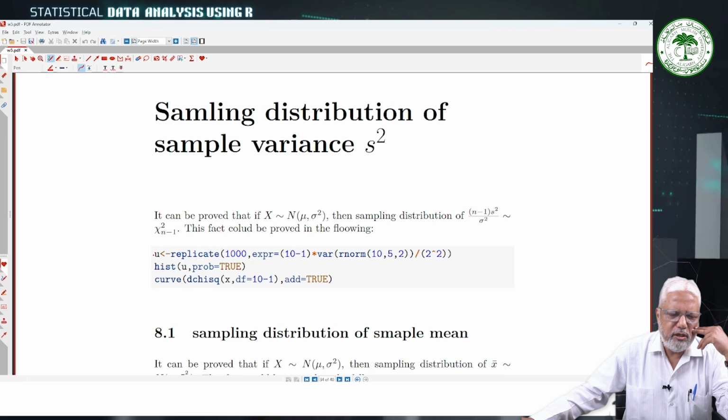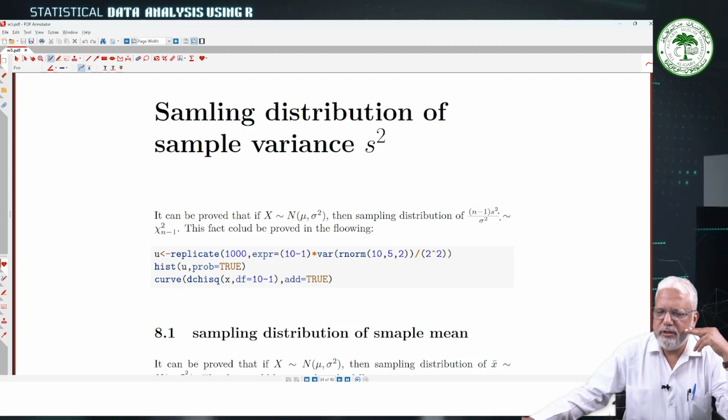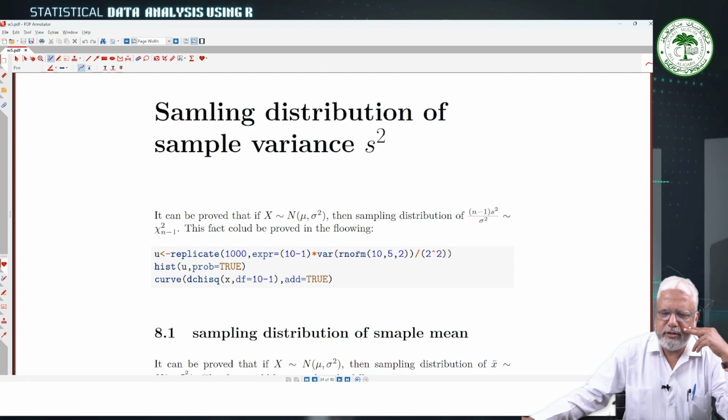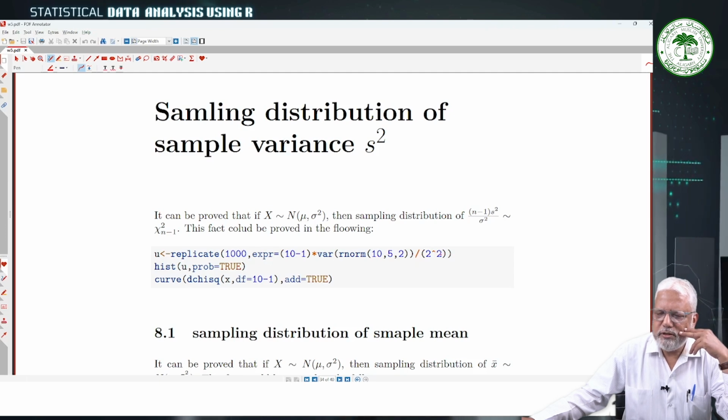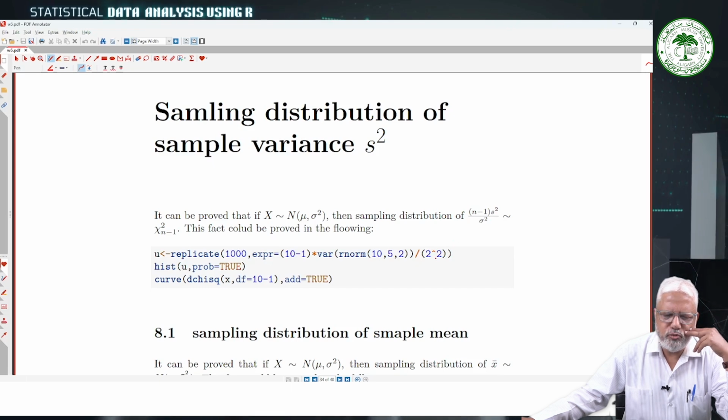So what we are doing? We are simulating 1000 observations from this statistic. We are trying to write this expression, 10 minus 1 into the sample variance of 10 observations with mean equal to 5 and SD equal to 2, and divided by sigma square, and that is 2 square.